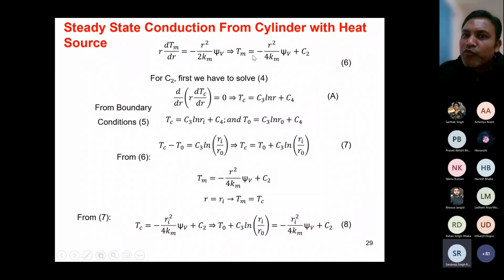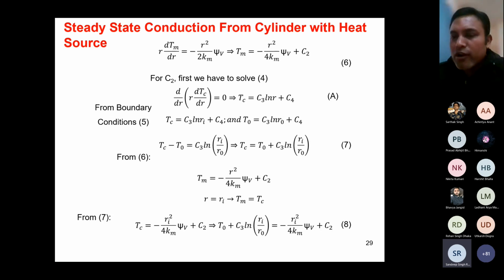If we apply that, C2 will be obtained as Tw plus r naught square divided by 4 km into psi V. And if we back substitute in this original equation, we will get Tm equals to Tw plus r naught square by 4 km psi V minus r square by 4 km psi V. And when we are calculating the maximum temperature, r becomes 0, and therefore Tm at the center will be given as T naught plus r naught square divided by 4 km psi V.